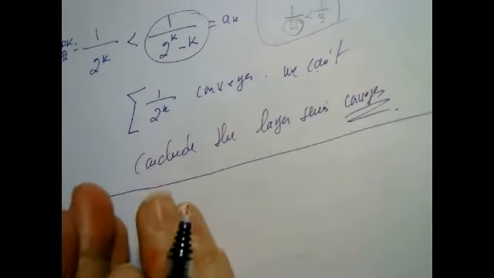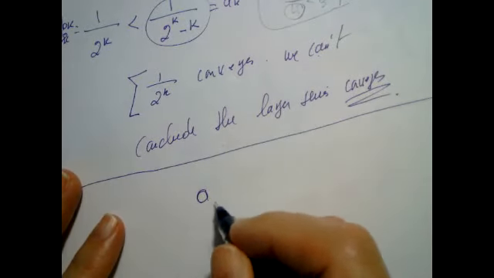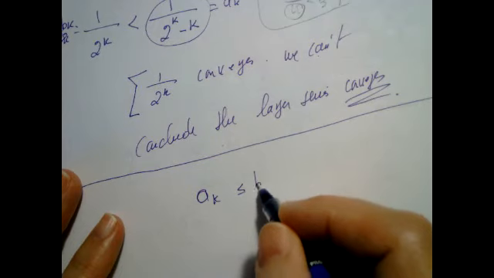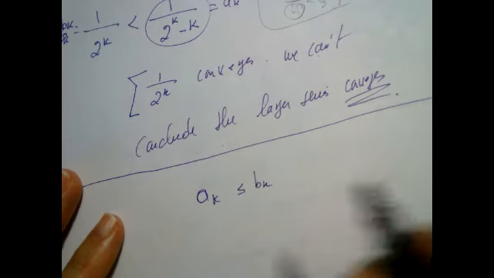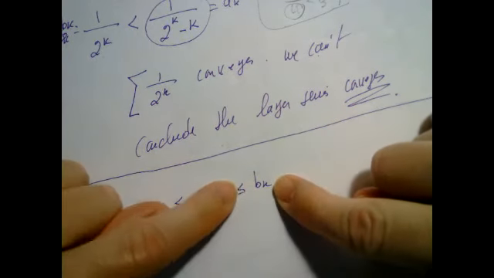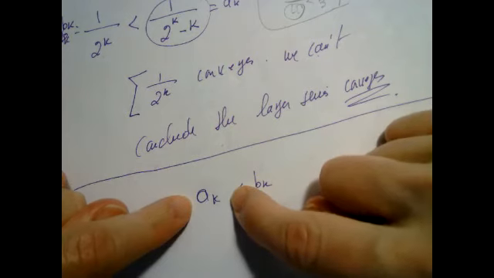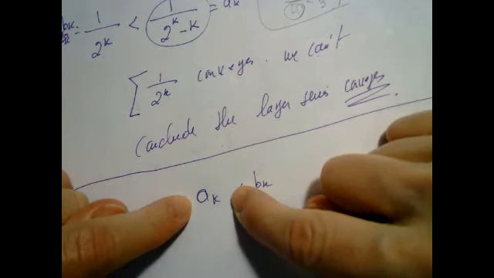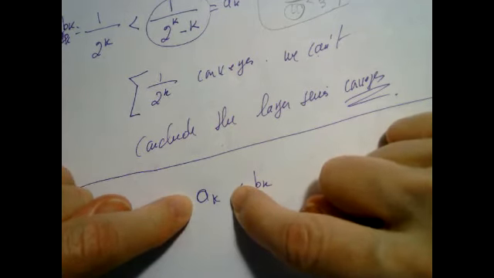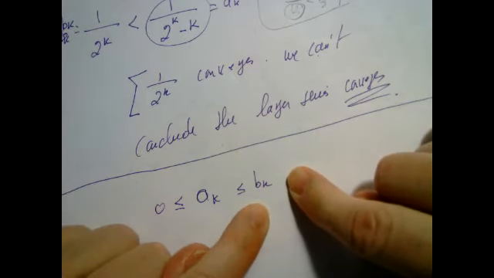If the smaller diverges, the larger diverges. Suppose I call them a_k less than b_k. What you call them should not be what matters. So what's the picture? If sigma b_k, the larger one, converges, sigma a_k will converge. If sigma a_k, the smaller one, diverges, the larger will have to diverge.